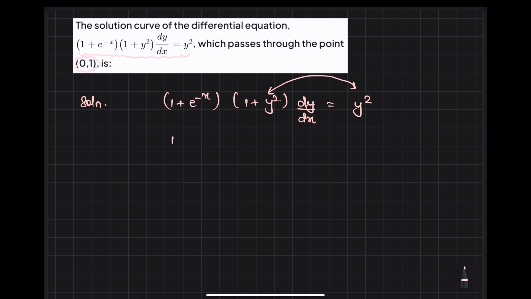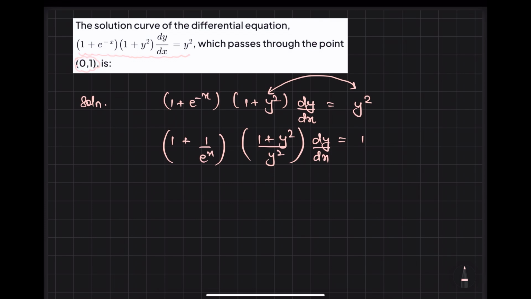So we got 1 plus 1 by e power x, and then we have 1 plus y square by y, dy by dx equals 1. We have divided both sides by y square.